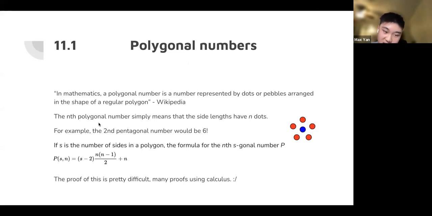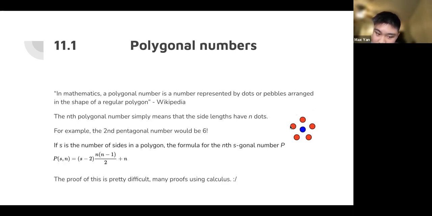For example, the nth polygonal number simply means the number of dots in that specific polygon with side lengths of n dots. For example, the second polygonal number, let's look at this image.